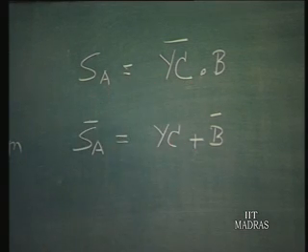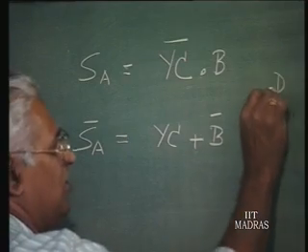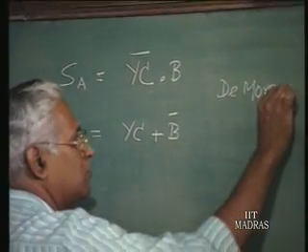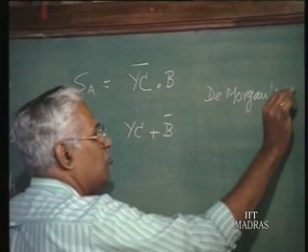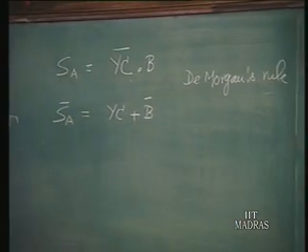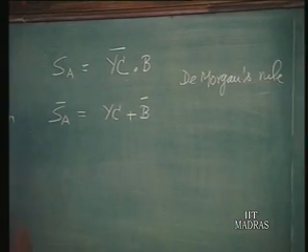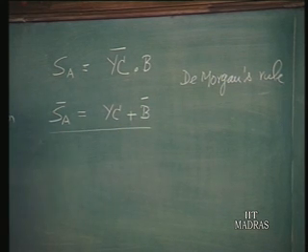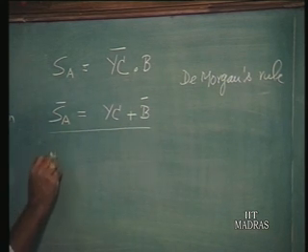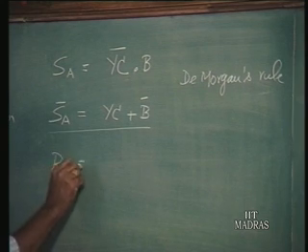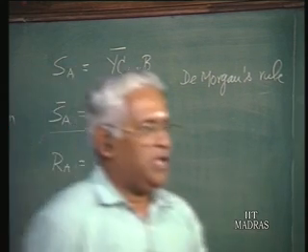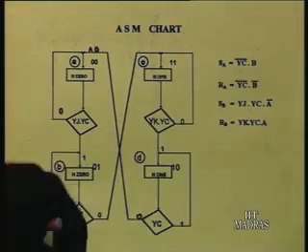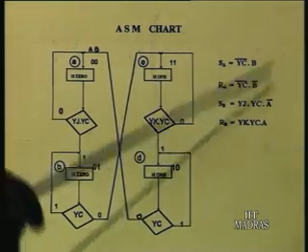This you get based on De Morgan's laws, or De Morgan's rule, whatever you call it. Good. Now, this is the one equation we get for SA bar. Similarly, what is RA? See the chart, RA is given as yc bar and b bar, right, yc bar and b bar.